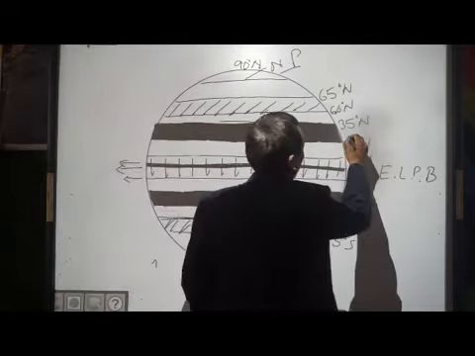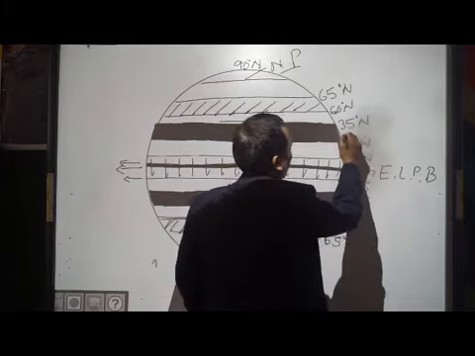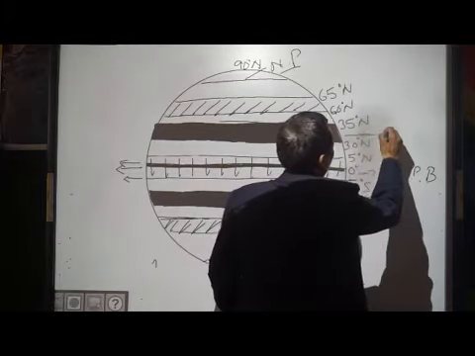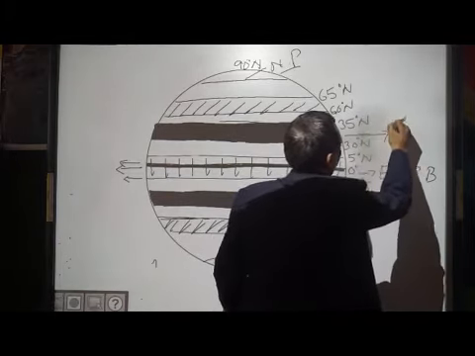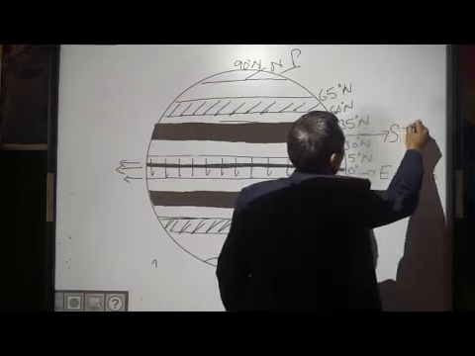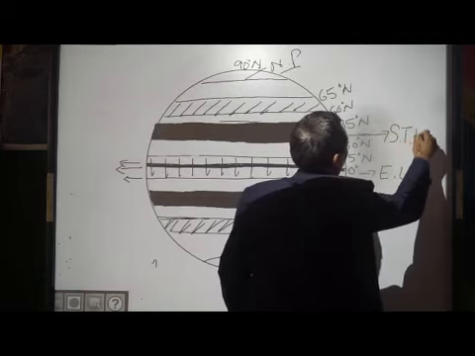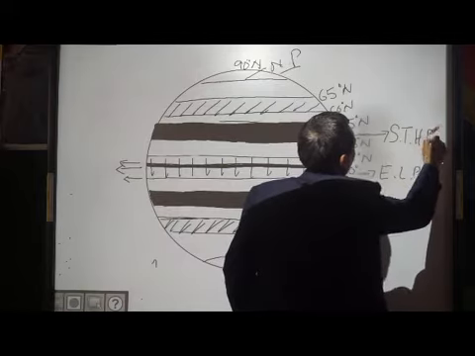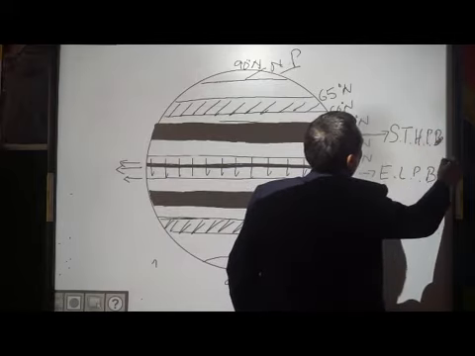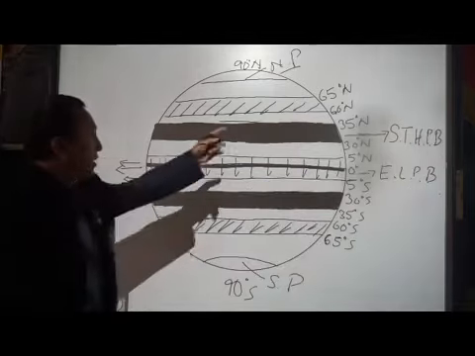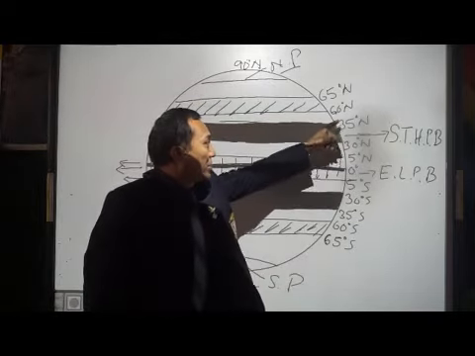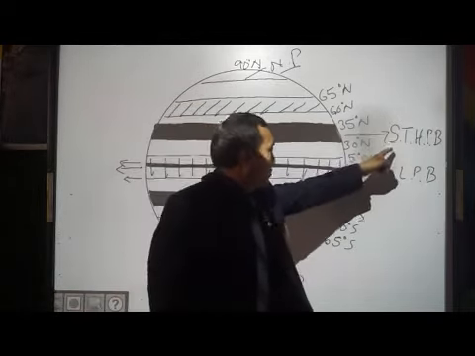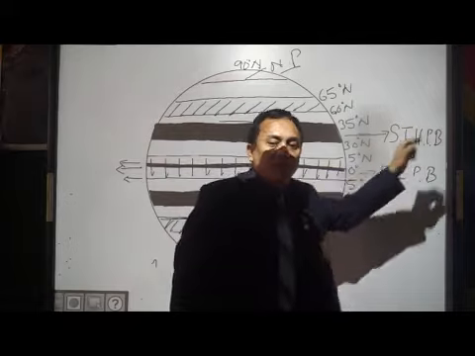This region, from 30 to 35 degrees north, we have the subtropical high pressure belt.